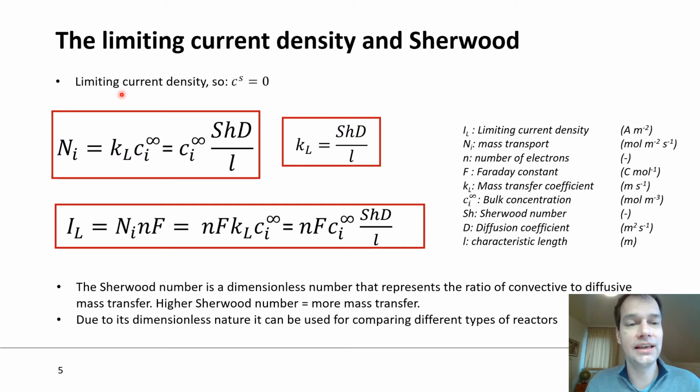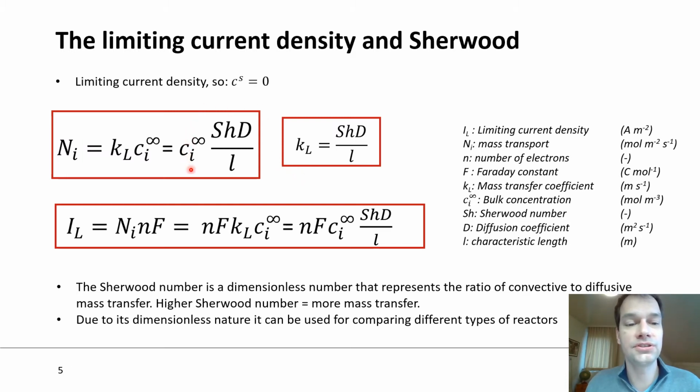What can we say? At the limiting current density, the concentration at the electrode is 0, which means that the flux is equal to the KL multiplied by the concentration in the bulk. And this is then, if you now fill in the dependence of the KL on the Sherwood number, which is listed here. So the KL is the Sherwood number multiplied by the diffusion coefficient divided by L, you get to this.